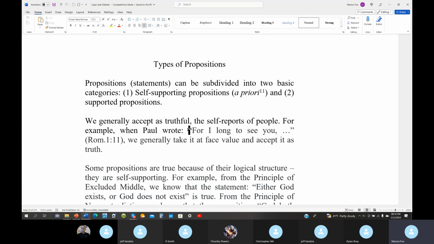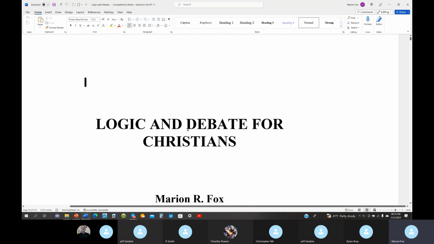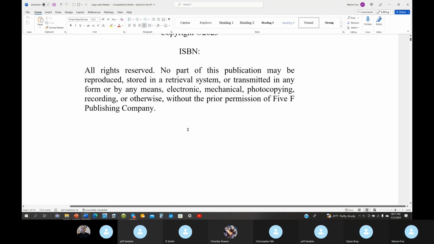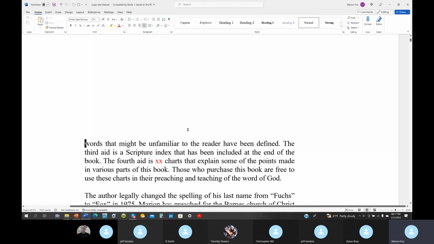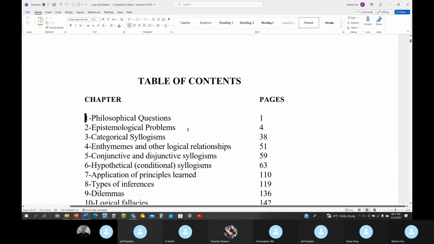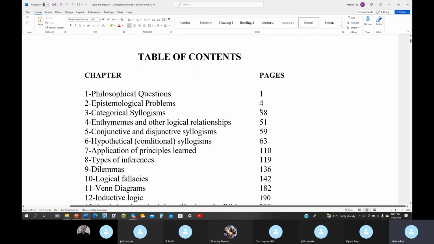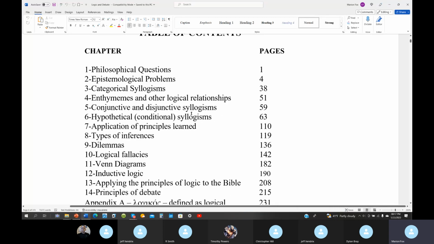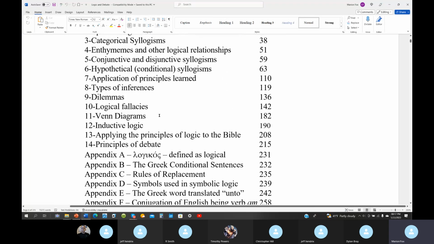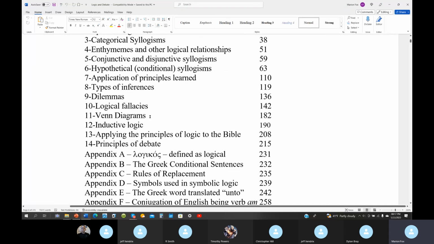I want to go back up here and look at what we have here. Right? We're going to be looking at categorical syllogism on page 38. We're on page 20 next week. And here's all that we're going to look at. Venn diagrams are a way of illustrating things, and I'll have several illustrations.